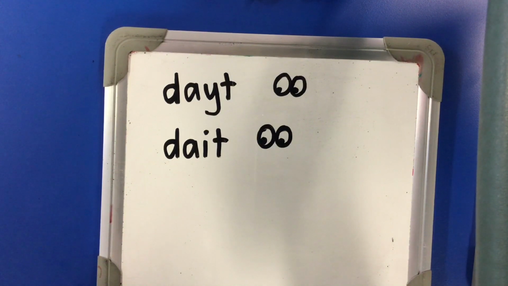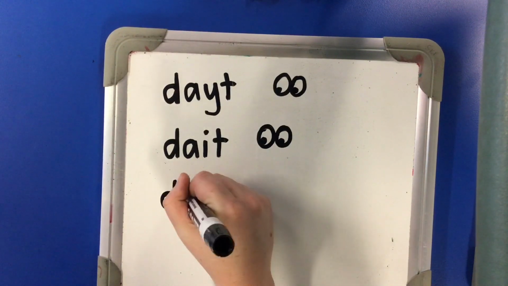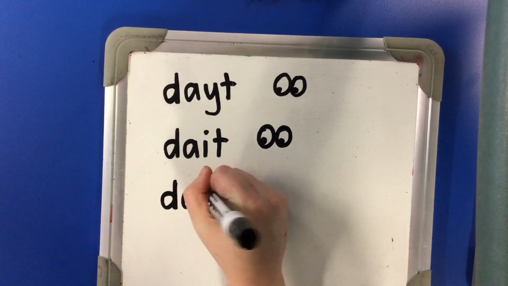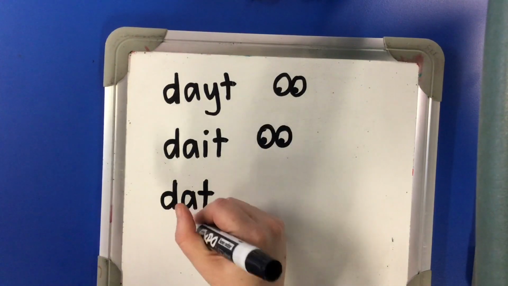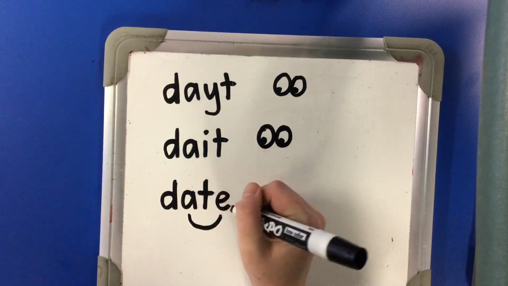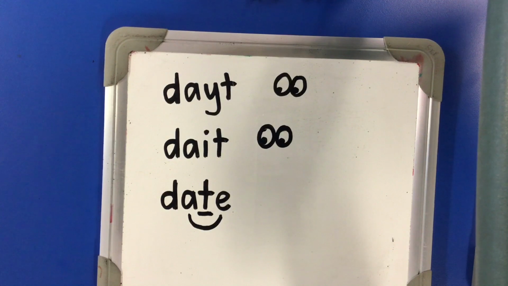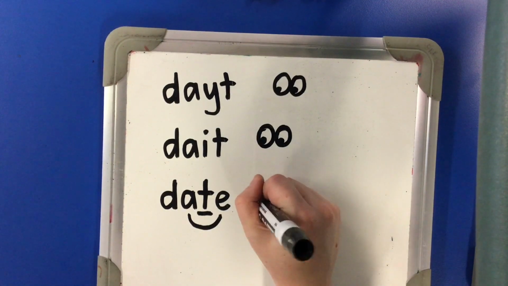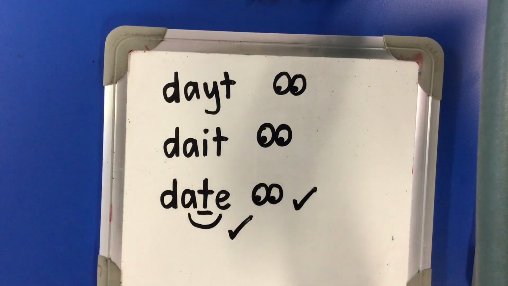I'd better try again. I know it's not like this because that says dat. But if I make that a split digraph and put that E on the end, splitting the T, that looks right to me. And that is the correct spelling.